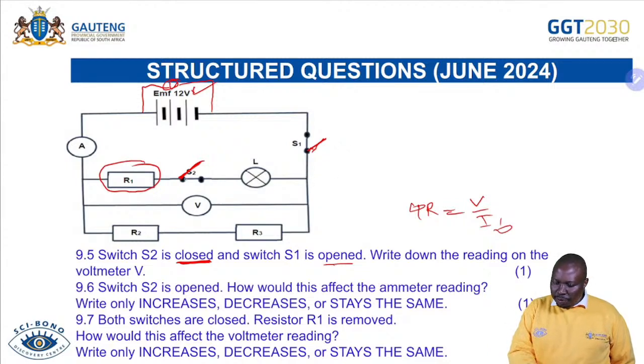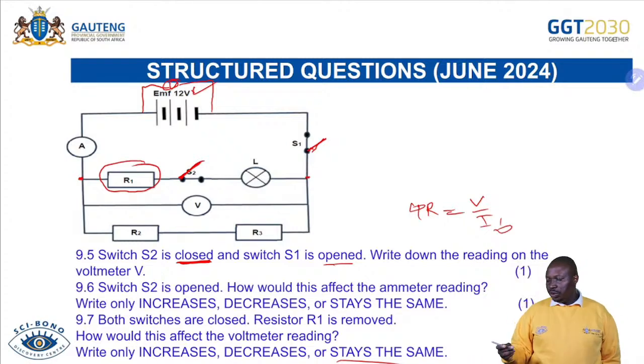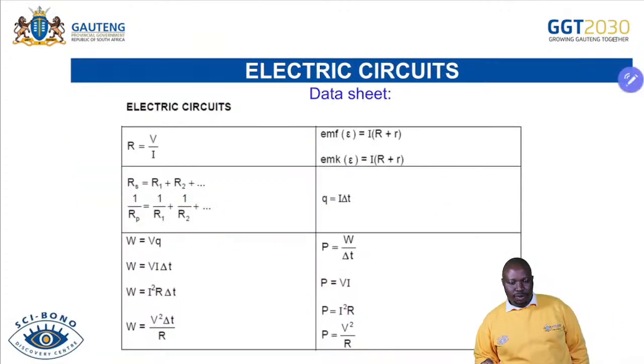This L will be a resistor that is reading here. It will read the 12 volts for that light bulb, and the R2 plus R3 will read the same 12 volts there. So the voltage is staying the same. That will be your answer to that particular question.